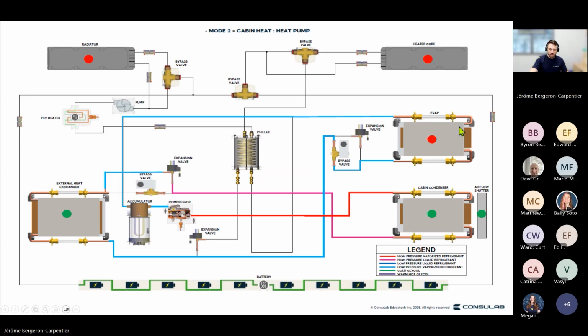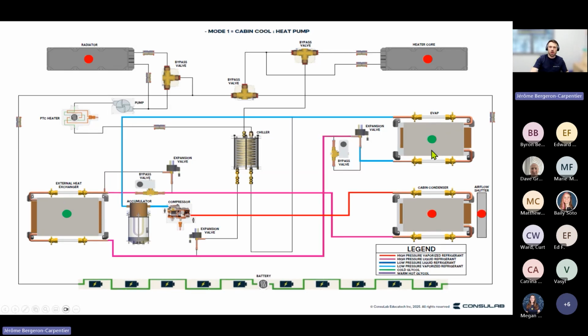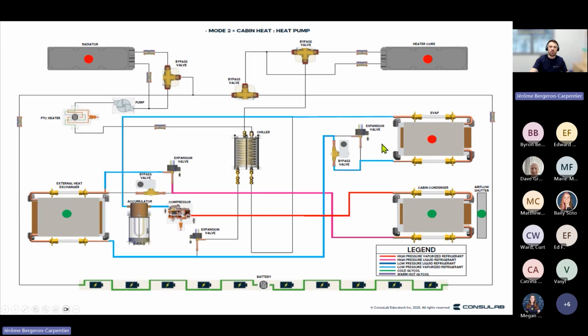If we go back to mode number 1, that's going to be our evap. Look at the size of that evap in mode number 1 and the size of that evap in mode number 2. In mode number 2, the external heat exchanger is going to be slightly bigger. The reason is, like we said, it's still cold outside since we want to warm up the cabin, but there's still some heat to be captured.